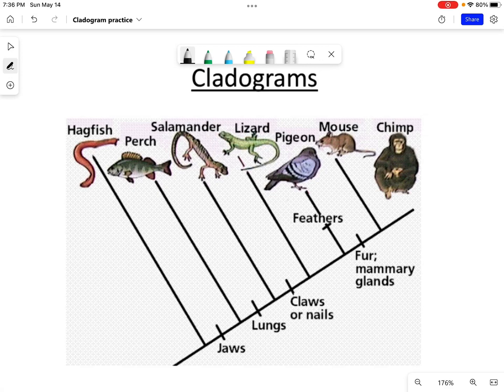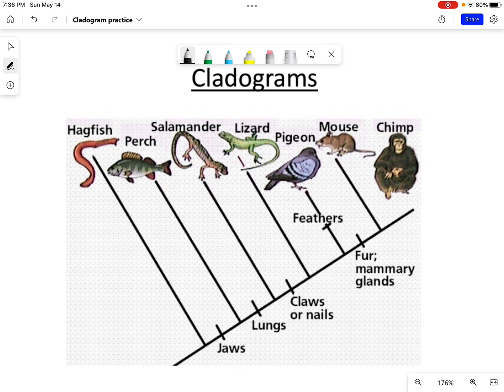Today we're going to be reviewing a couple of key ideas about cladograms and going over how to read a cladogram and how to determine possible evolutionary relationships from them. So we're going to start with just what a cladogram is.